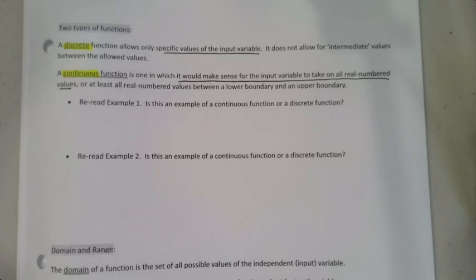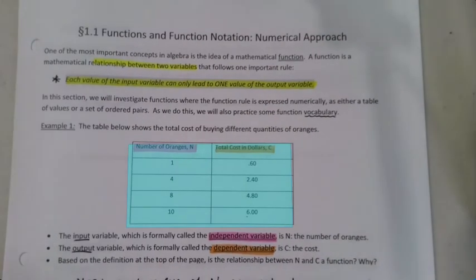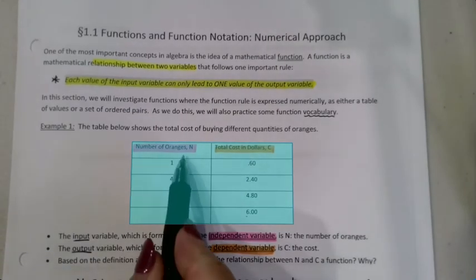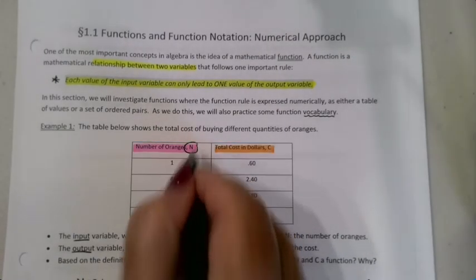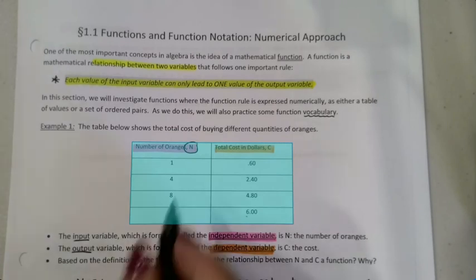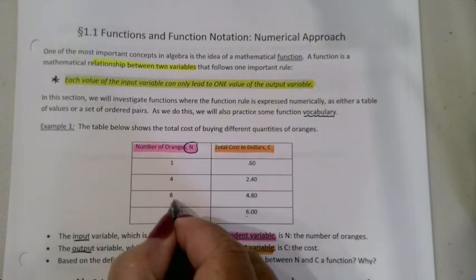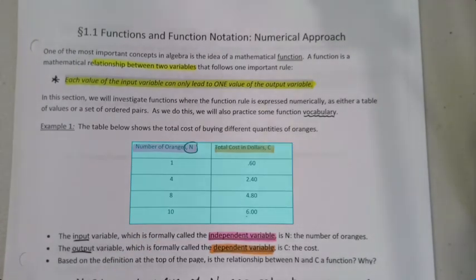So let's take another look at example 1 and then example 2, and we're going to decide in each case, is it continuous or is it discrete? In example 1, our input was the number of oranges, n, right? It would make sense to buy 1, 2, 3, 4, etc., a whole number of oranges.